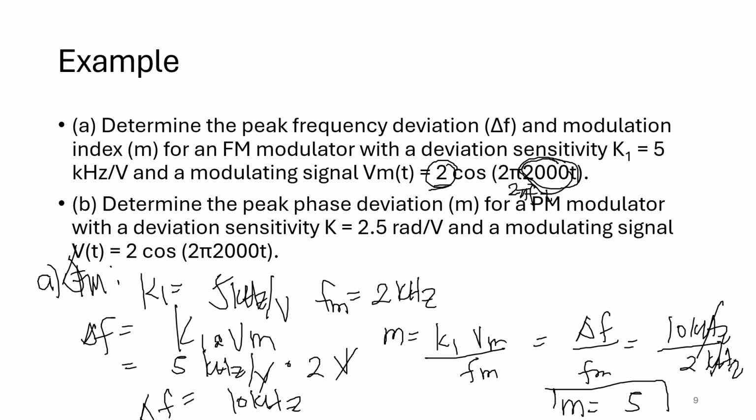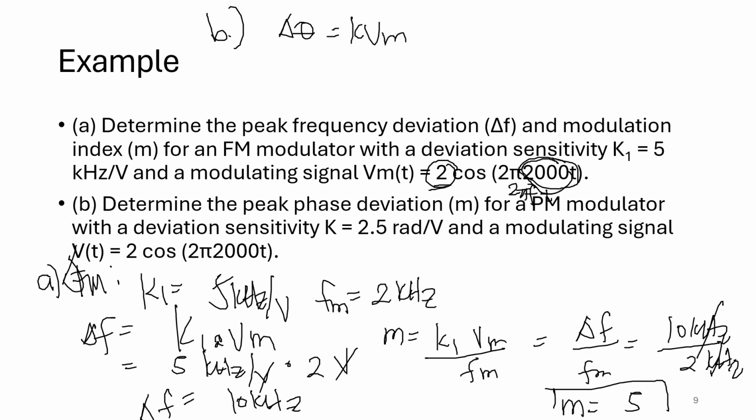Now, for letter B, it is just the same, but this time we are to solve for the peak phase deviation. So what is our formula for peak phase deviation? This is our delta theta, and this is given by K multiplied by Vm.